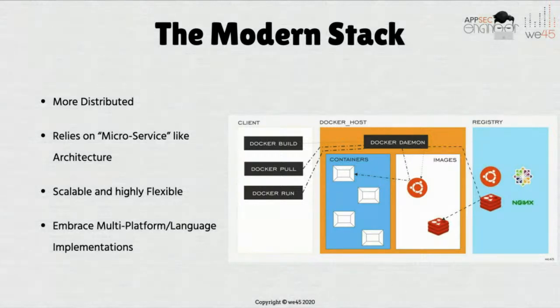Now, whenever I talk about a modern stack, I typically mean a more distributed environment, right? So anything that relies on microservice-like architecture, whether it's containers, which are split up into multiple microservices, or something like Kubernetes, which essentially orchestrates all of these containers running on a Kubernetes cluster. Additionally, even serverless, something like serverless or AWS Fargate, all of that comes under the entire microservice style architecture as well, right?